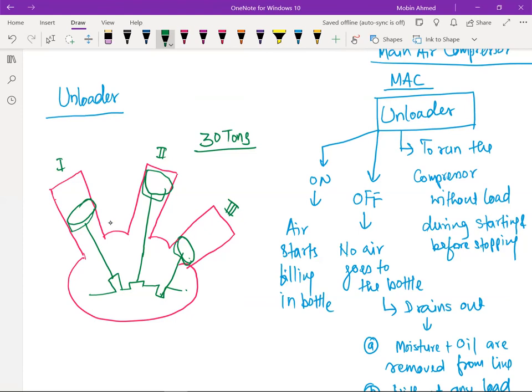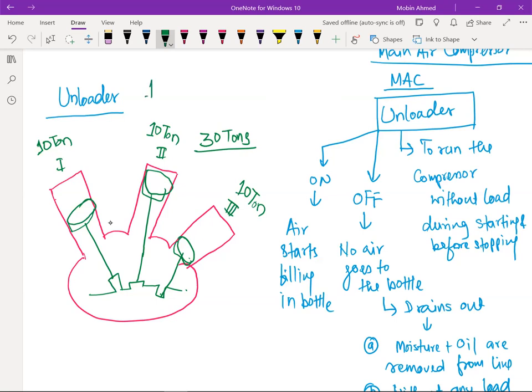How can I do it? If this stage provides 10 tons of cooling, this one provides 10 tons, and this one provides 10 tons. Then, as the temperature increases, first I will switch on number 1.